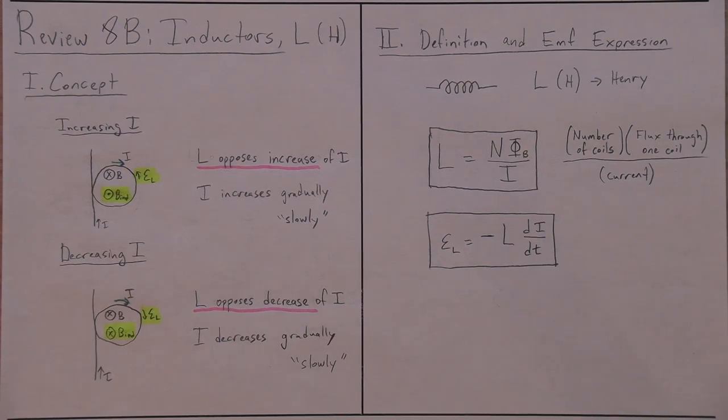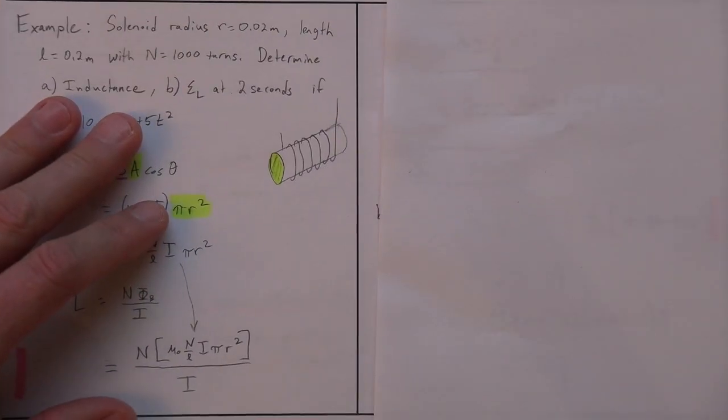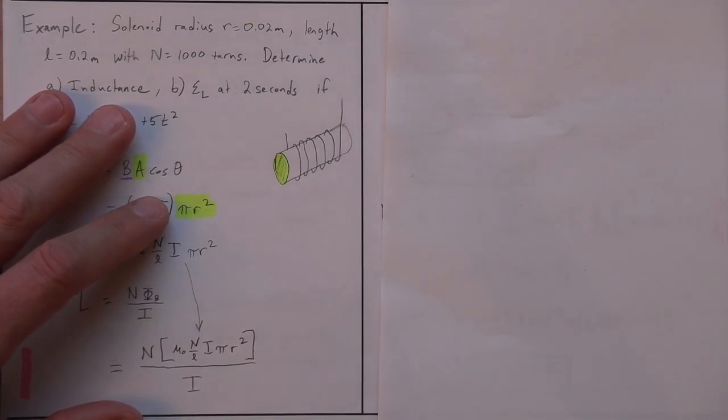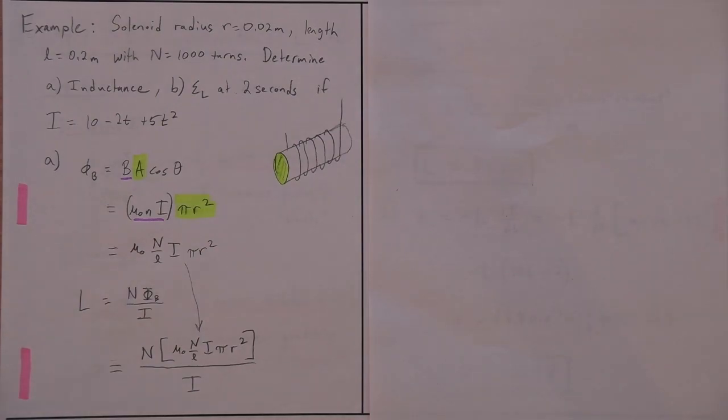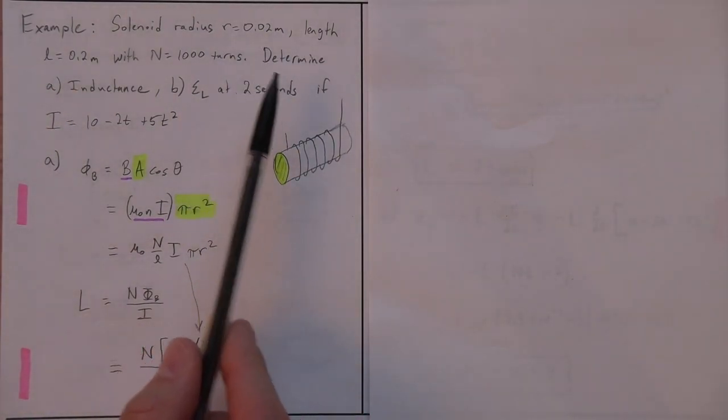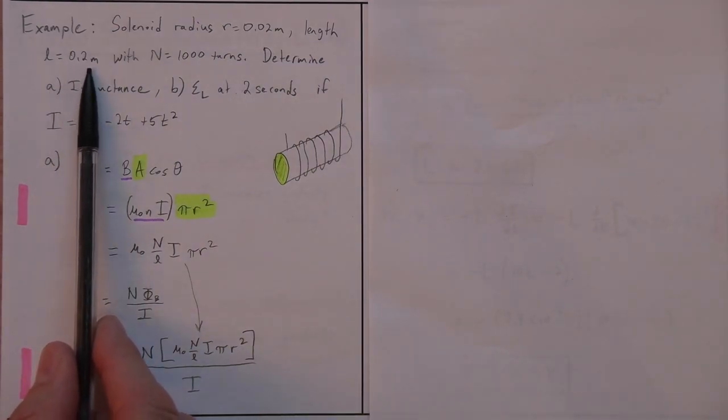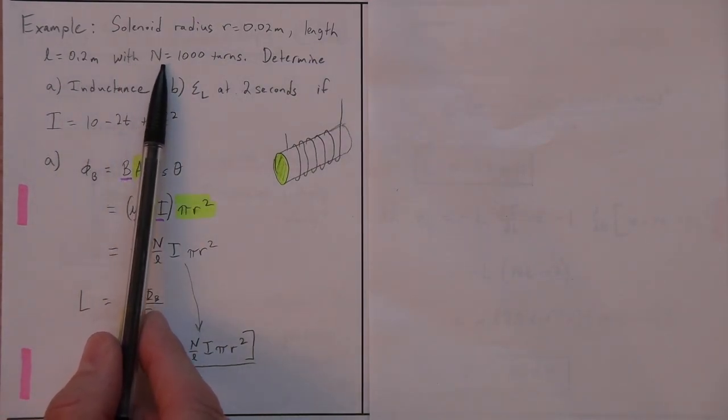Now what I'm going to do is a calculation example. So what I have is a solenoid with a radius of 2 centimeters or 0.02 meters and a length of 0.2 meters or 20 centimeters and with 1,000 turns.